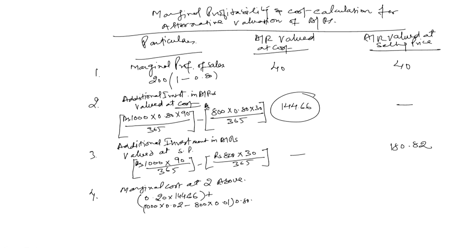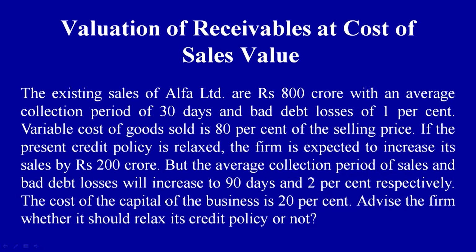First is the cost of investment, that is the cost of capital, if we are investing this 144.66 crores. So, the first cost is the cost of investment, that is 20% of the 144.66, and the second element is that your bad debts are going to increase. So, there is a bad debt cost also. The bad debt losses are going to be 2% now, as given here, and the average collection period of the sales and the bad debt losses will increase from this to this.